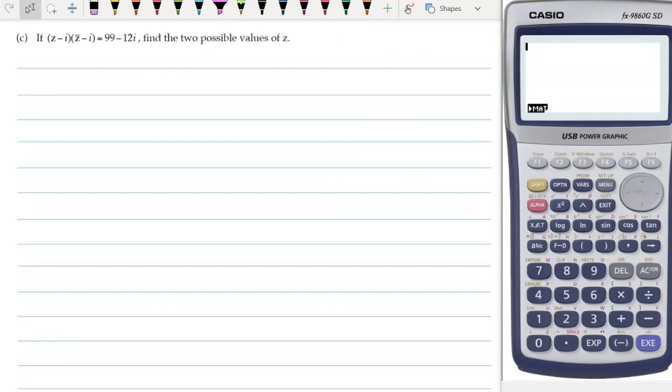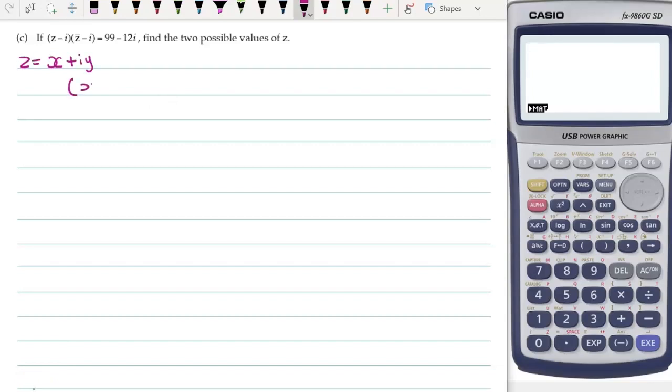And on to part C. Start by saying that z is equal to x plus iy, so we end up with (x plus iy minus i) times (x minus iy, the conjugate, minus i), and that's going to be set equal to 99 minus 12i. Alright, so let's start on this beast of an expansion.